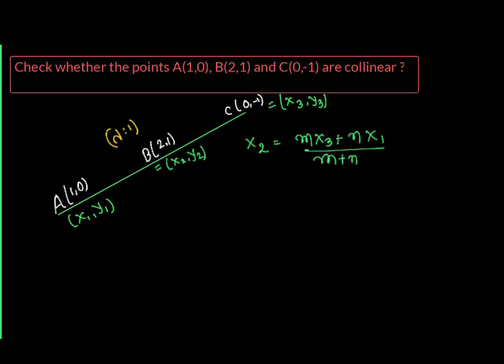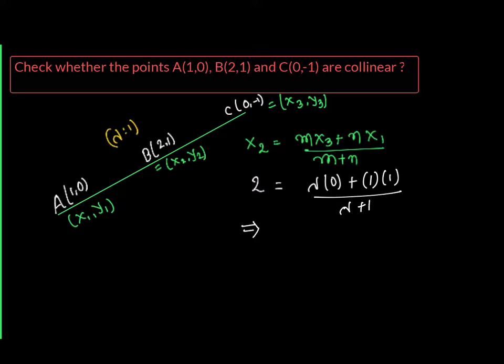If I apply the formula, x2 is 2, so 2 equals lambda into x3, where x3 is 0, so lambda into 0, plus n into x1, where n is 1 and x1 is 1, so 1 into 1, divided by m plus n, which is lambda plus 1.